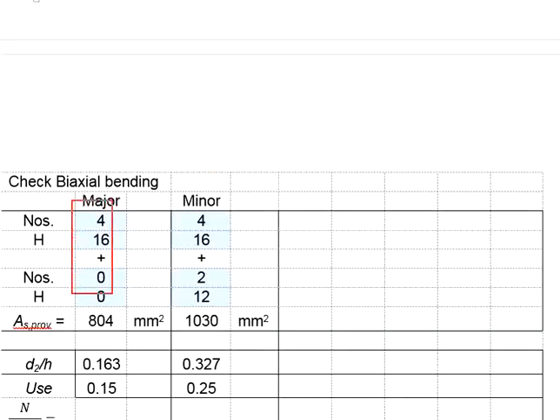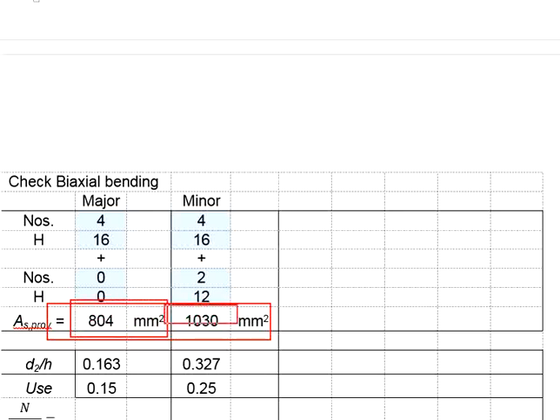This leaves you 4H16 plus no reinforcement bar in the major axis. The amount of reinforcement bar provided for the major axis will only be 804. As for the minor axis, you have 1030 mm square.